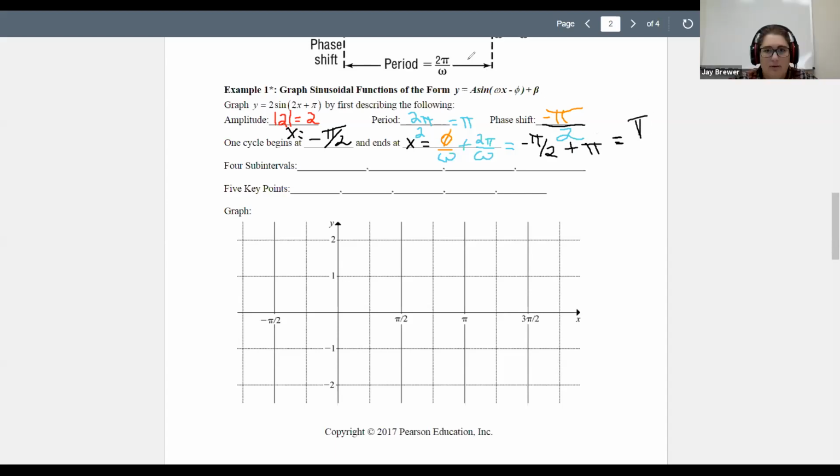Oh, that's a terrible pi. Doesn't look pretty at all. Okay. So wow, I gotta redo that whole page. That stinks, but all right.